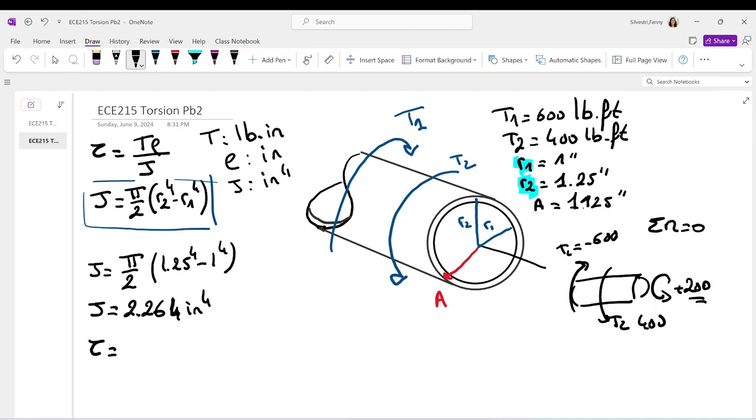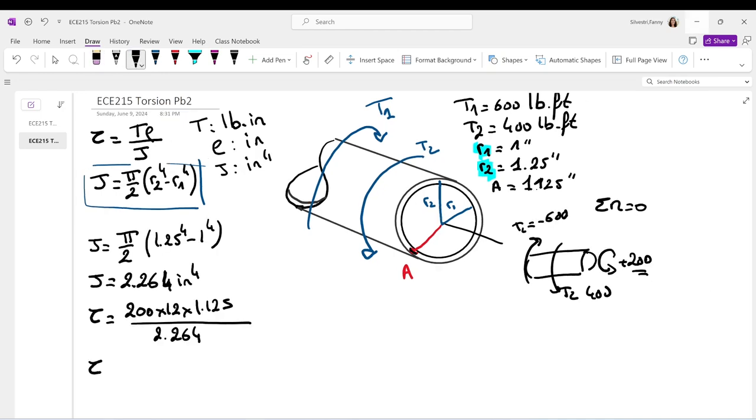And now the shear stress is equal to tau. Okay, so T is 200, but 200 is pound times feet. I need to multiply by 12 to write it in pound times inches. And after that, times the rho. So the rho, this is distance. So A is right in the middle in between the inside and the outside radius of this pipe. So times 1.125 and divided by the J, 2.264.